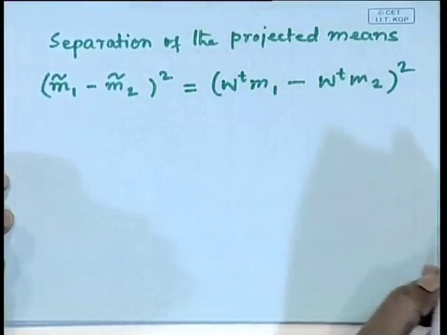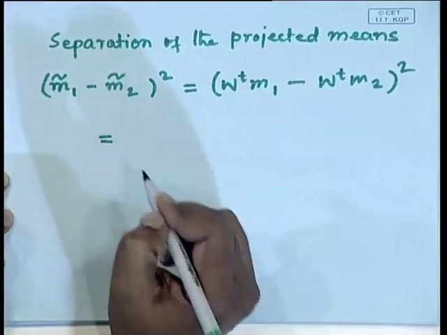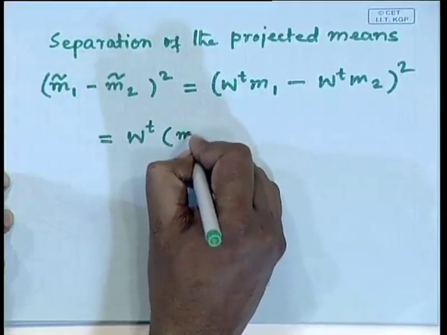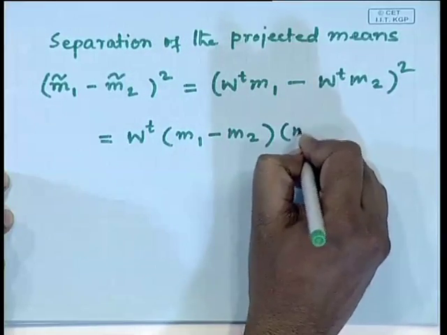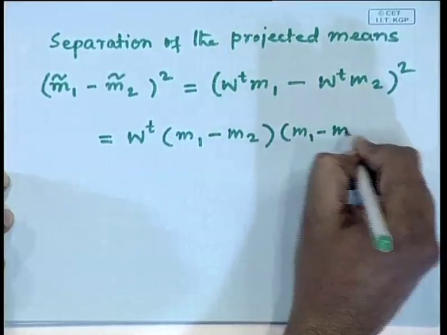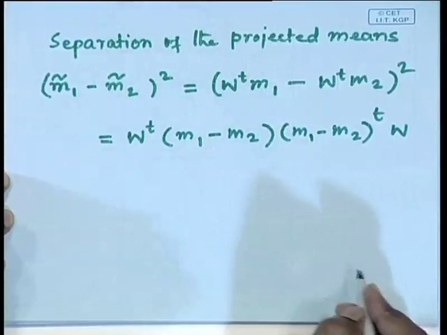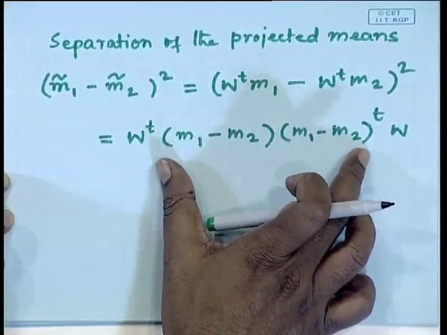Square of this, I can reorganize this expression as W transpose (m_1 minus m_2) into (m_1 minus m_2) transpose W. Okay. And you find that this is something like between class scatter.